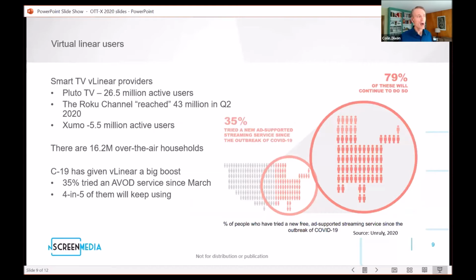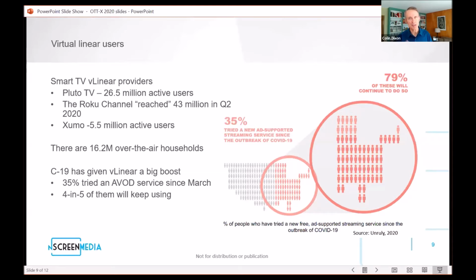Okay, so let's talk about virtual linear users. Now, this is a little bit less specific. We have to really believe what the vendors are telling us here. And what they're telling us is that Pluto TV, who is probably the most well-known and premier leading vendor in the virtual linear market, says they have about 26.5 million active users.